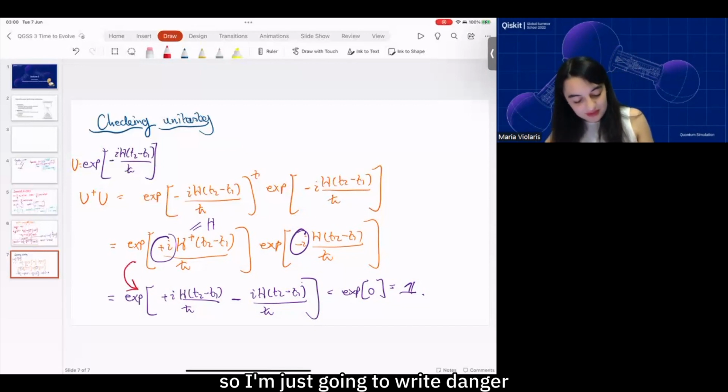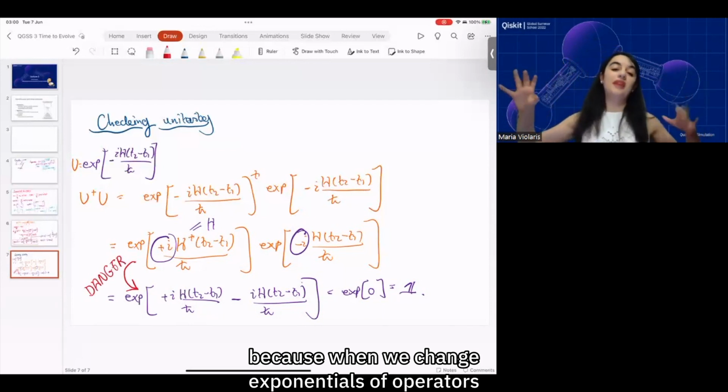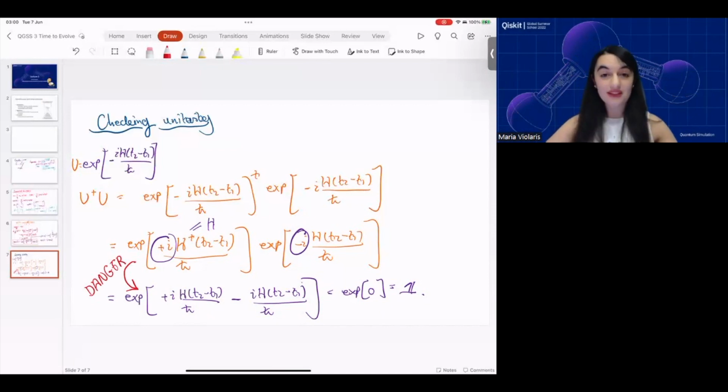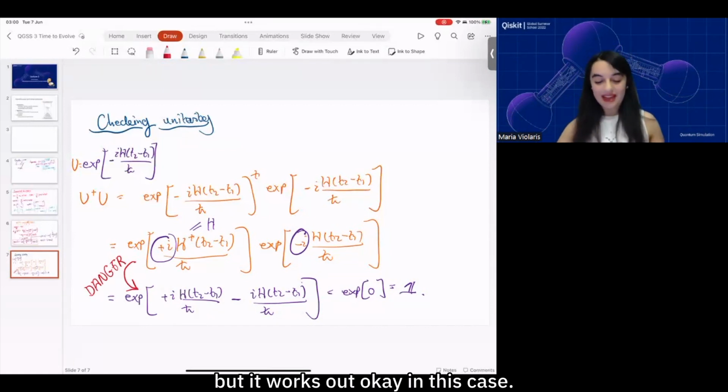So I'm just going to write danger, because when we change exponentials of operators from products to sums, we need to be very careful. But it works out okay in this case. So that's what I'll explain now.